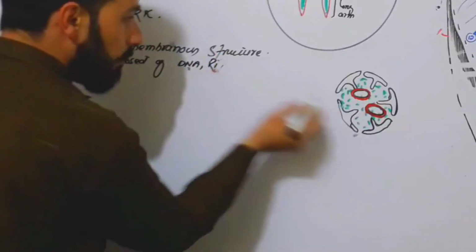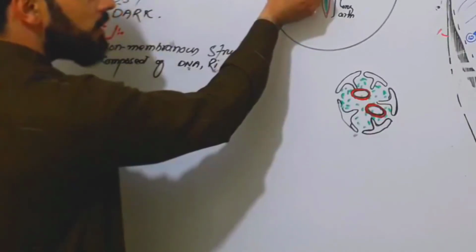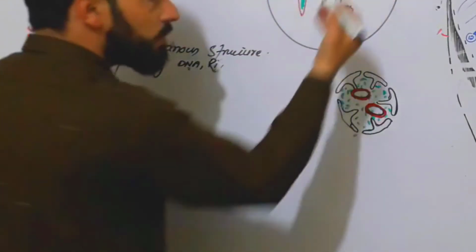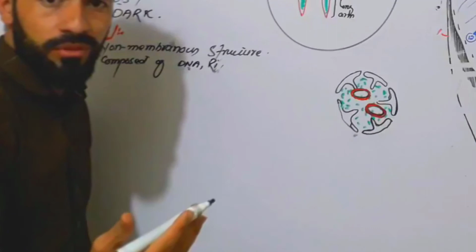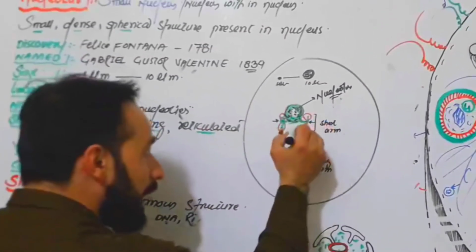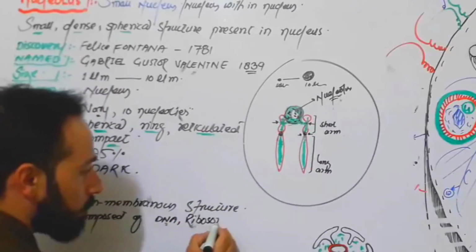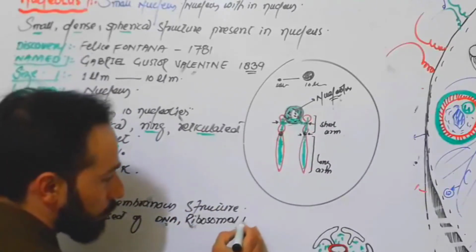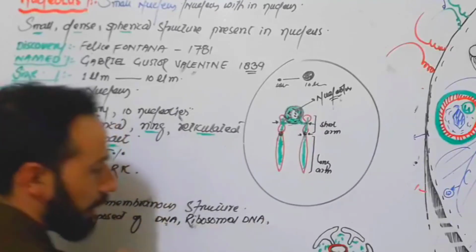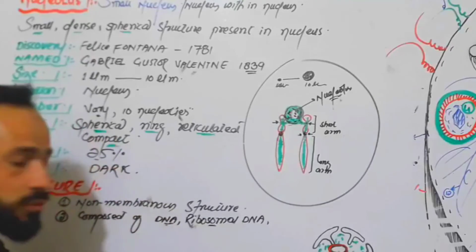The nucleolus is mostly responsible for making ribosomes, so it contains DNA, but that DNA which is responsible for making ribosomes, the ribosomal DNA.